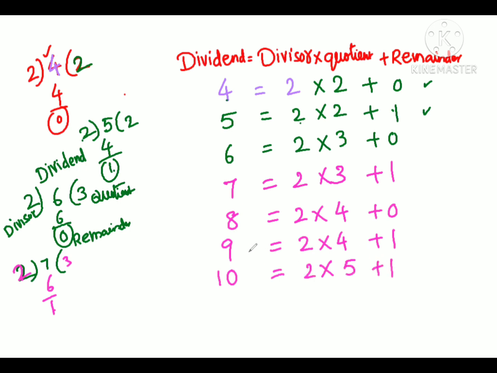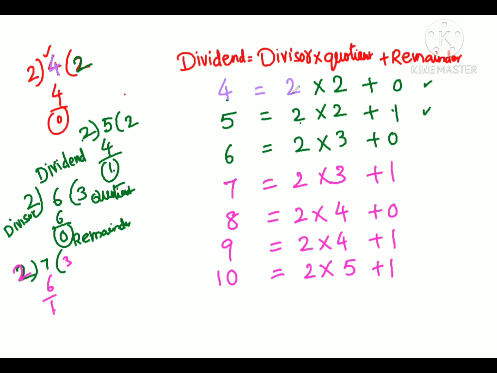By observing all these examples, 4, 5, 6, 7, 8, 9, 10 are dividends, the divisor is 2, and these are quotients, and these are remainders.